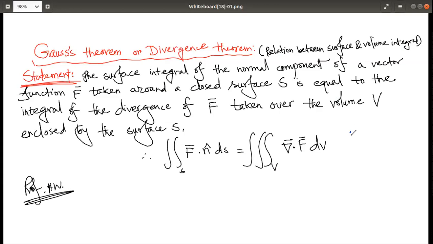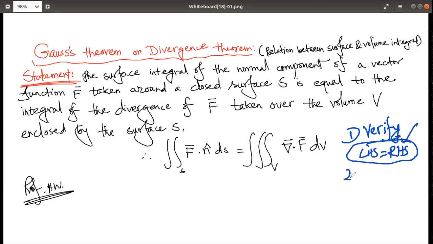So we use two types of problem. One is verify. In the verify case, we determine the left hand side and also the right hand side. If they are equal, then we can say it is verified, or not. The other type is using the Green's theorem, or in this case the Gauss theorem.